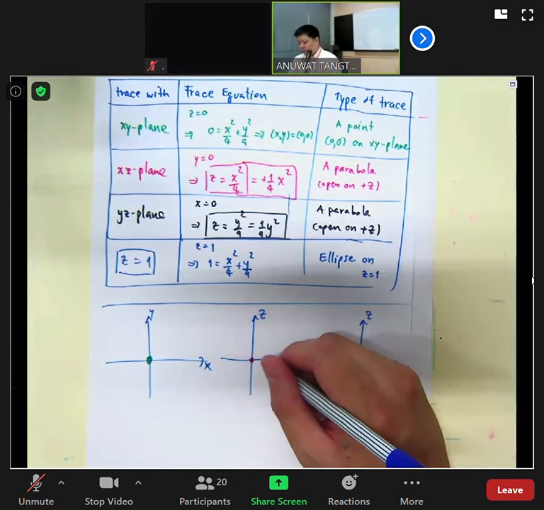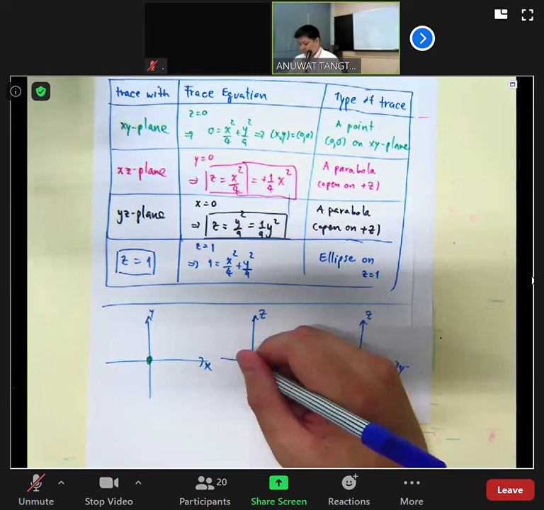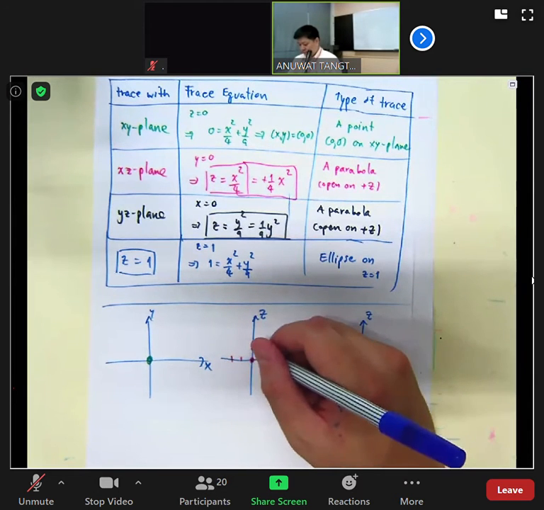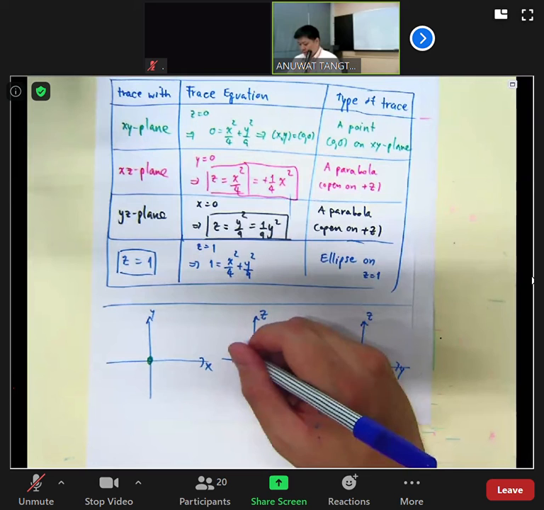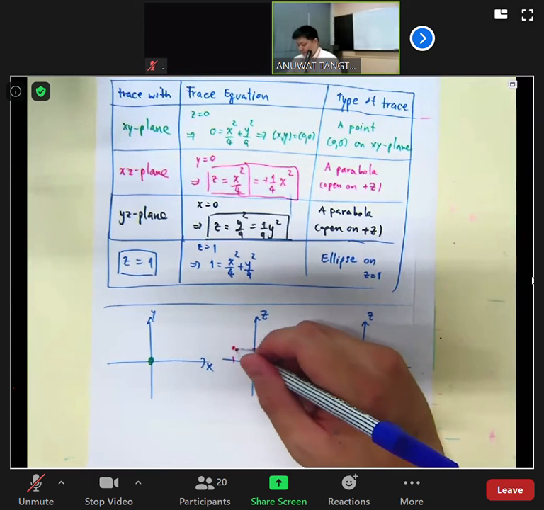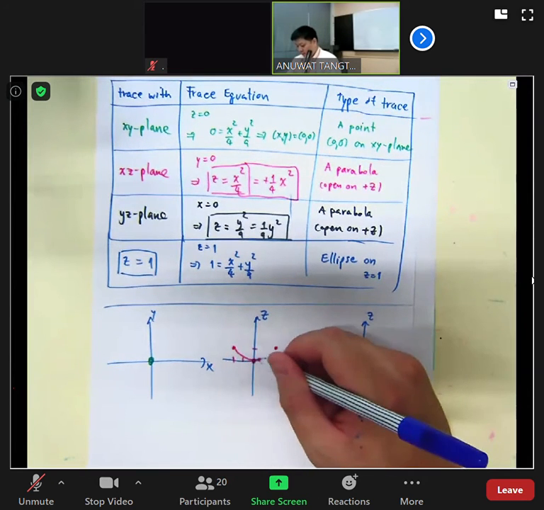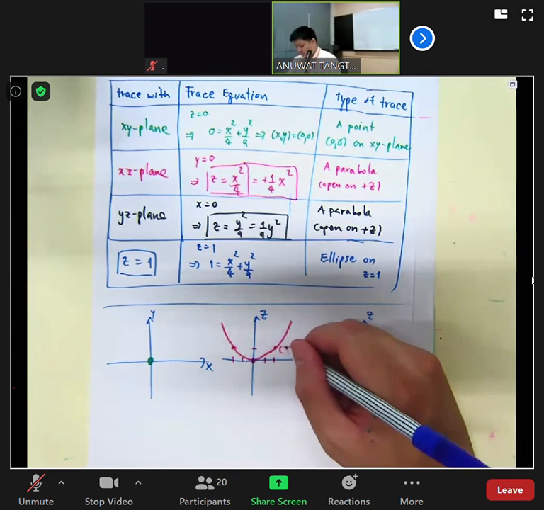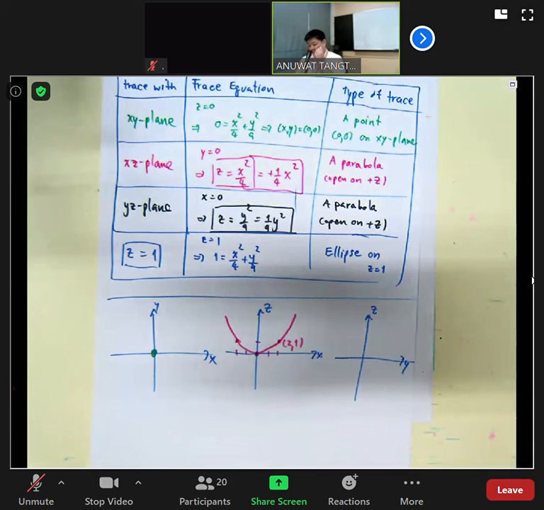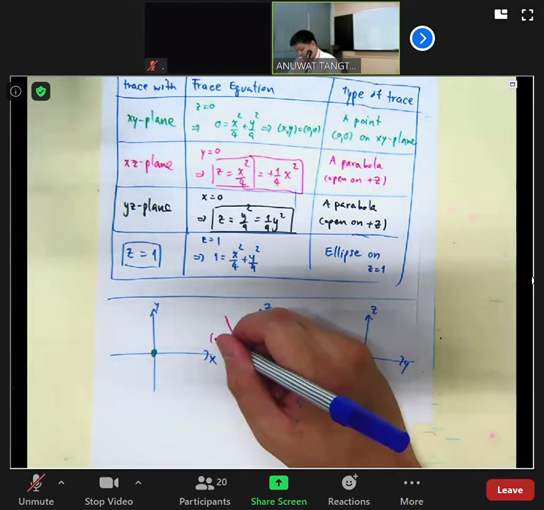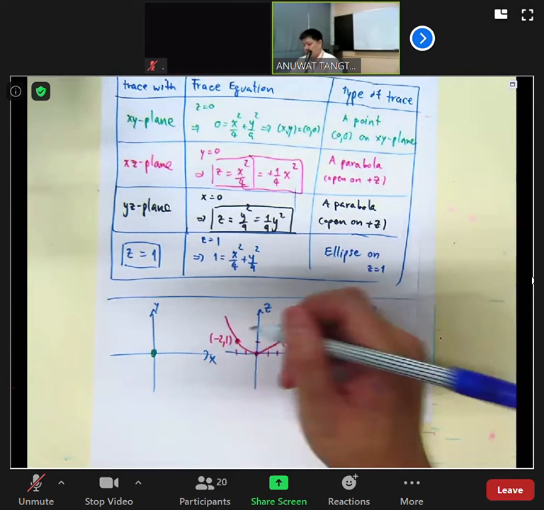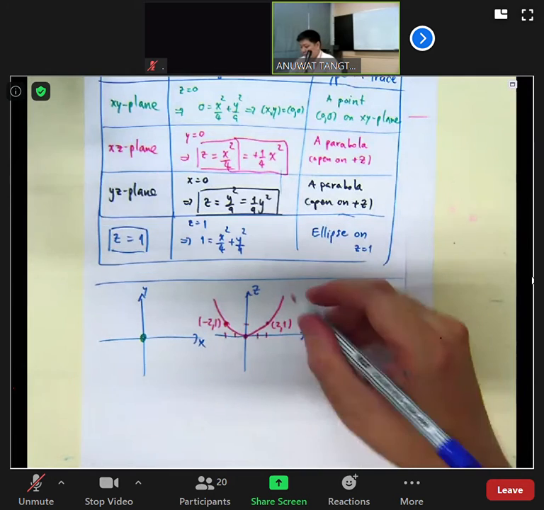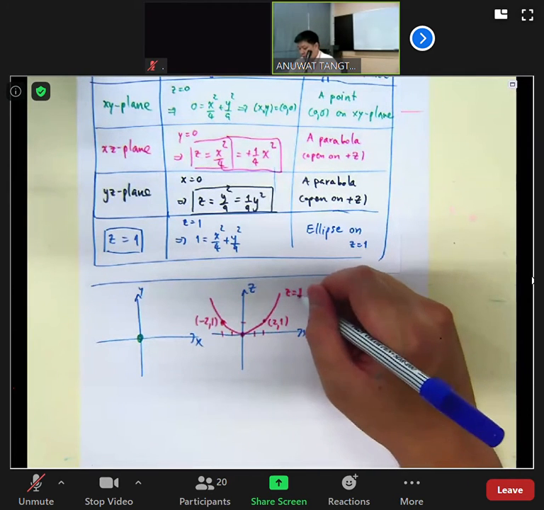So it passes through the point 2, 1 and minus 2, 1. So the parabola would pass through these two points. This is z equal to 1 over 4 x squared.